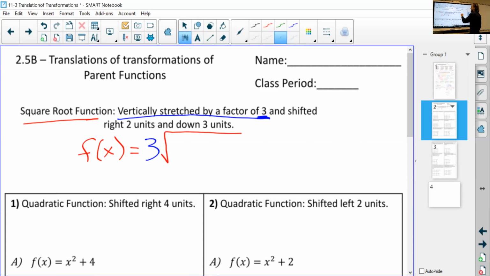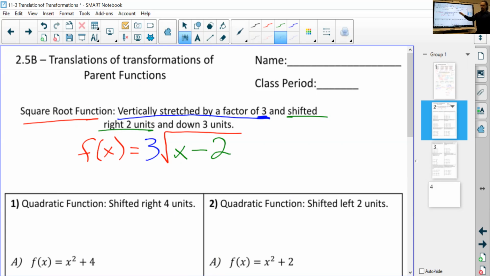Okay. Then it says shifted right 2 units. So that's inside. So I know I'm going to have x. And if I go right 2, remember that's the opposite of what you would think it is. So when it says right 2, that's actually a negative. So minus 2. So if it goes to the right, minus something.